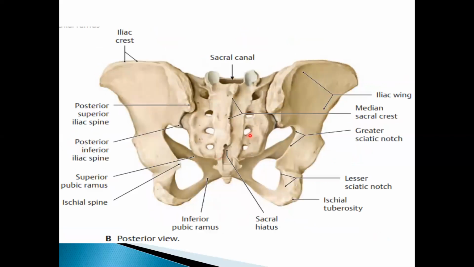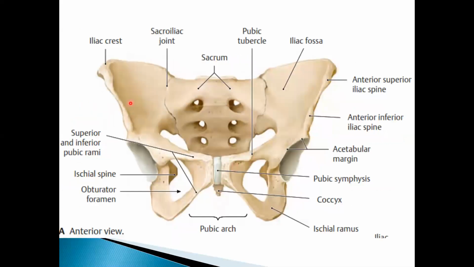You can see the posterior view of the pelvis. This is the sacrum, and the lower part is the coccyx, and on both sides these are the hip bones. This is the hip bone. Here you can see the posterior part of the true pelvis, and above this, the upper part is the false pelvis.